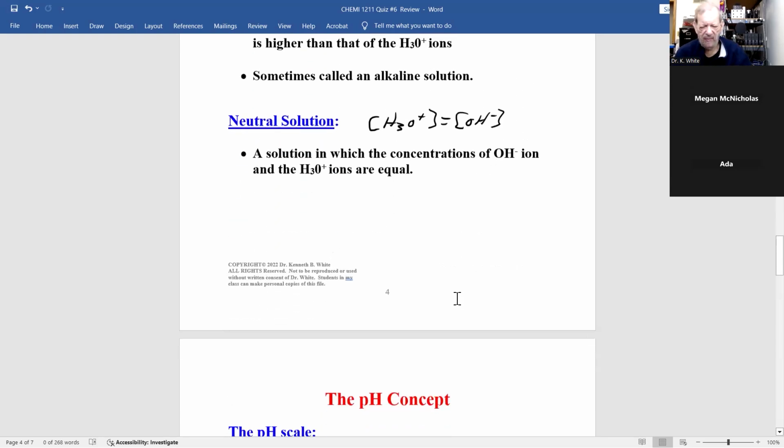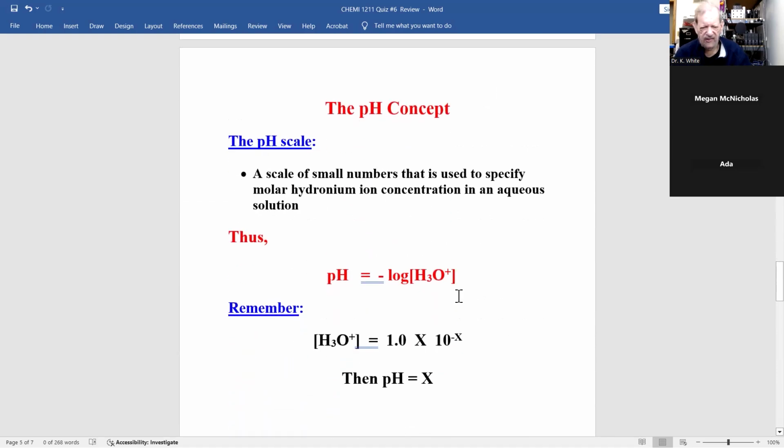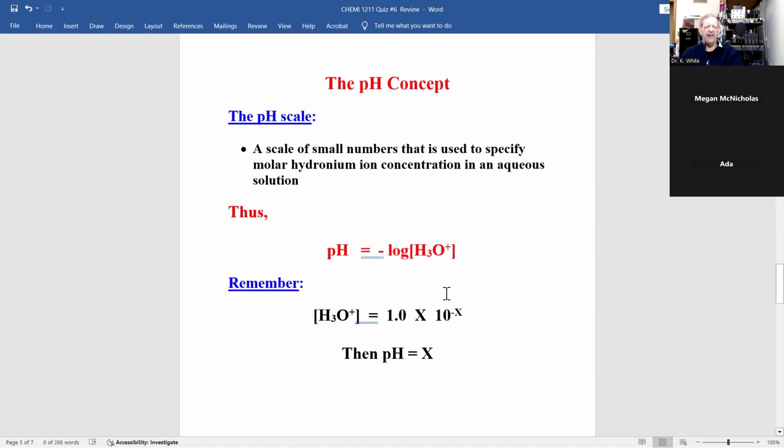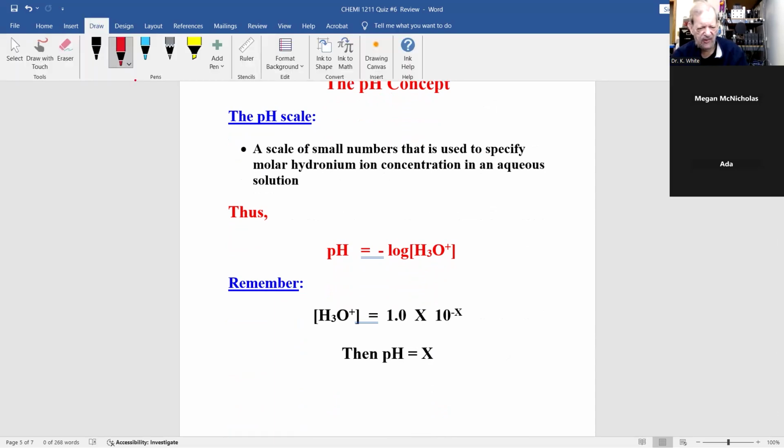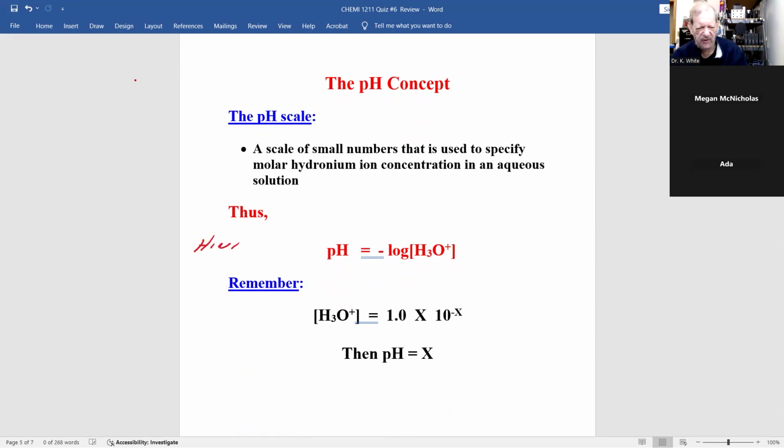And someone came up with the pH scale. The pH scale is a small number that's used to specify the molar hydronium ion concentration. And if anything I teach you this semester, acids and bases and pH are probably the most important.